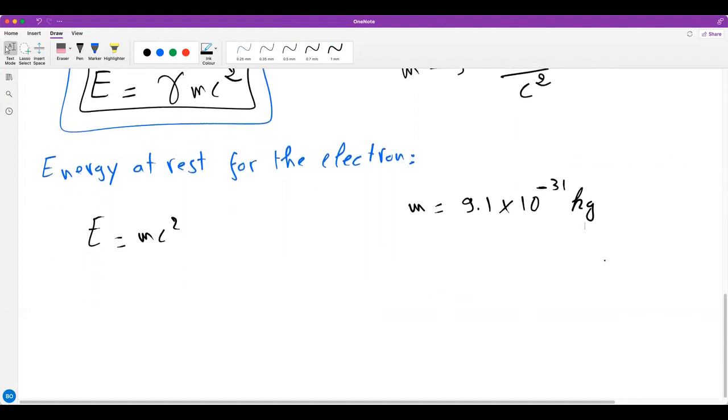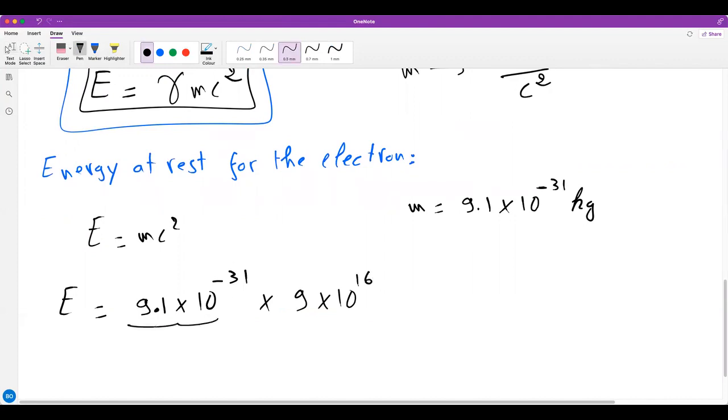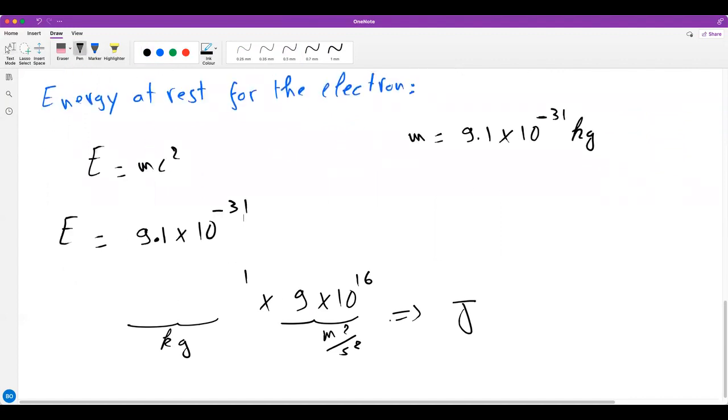So this gives me 9.1 times 10 to the minus 31 kilogram times the speed of light squared, which is 9 times 10 to the power of 16. Of course, since this one is in kilogram and this one is in meters squared per second squared, the result will be in joule.